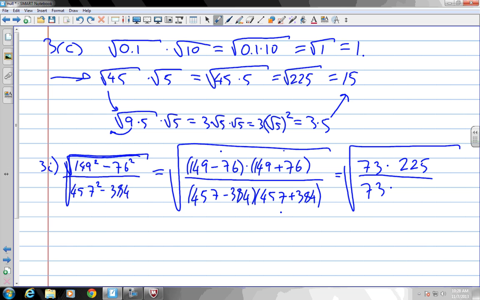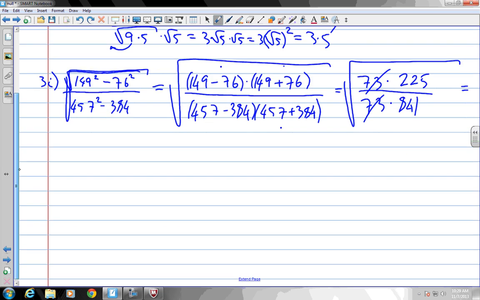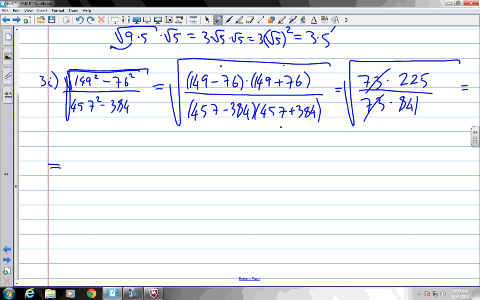Otherwise this problem would just suck, right? And 457 plus 384 is 841. All right, so 73 is canceled. So that's good news. And all right, so I'm left with the square root of 225 over 841.